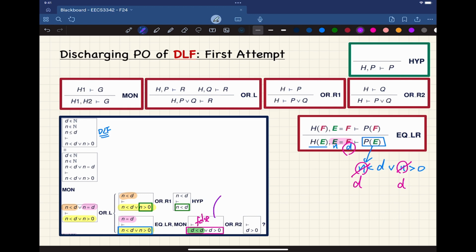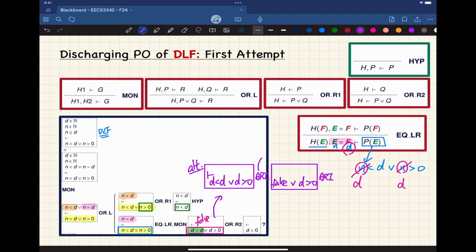Alternatively, you can say, I got this one here, D less than D, or D larger than 0. You can say by basic arithmetic, this one would be false, or D larger than 0.